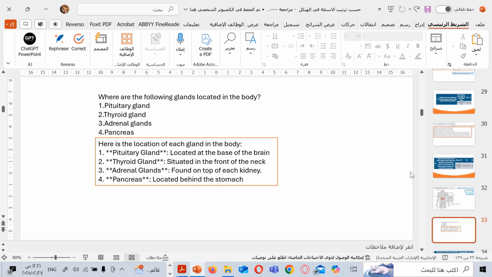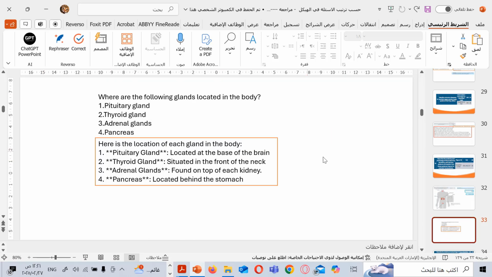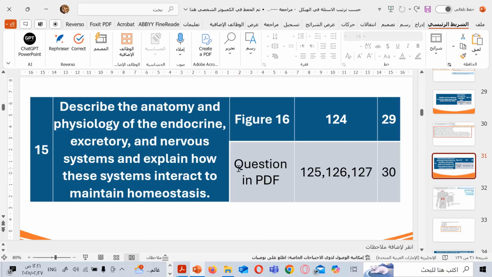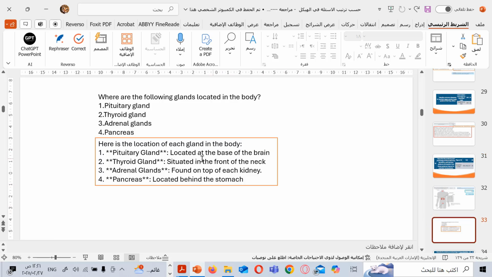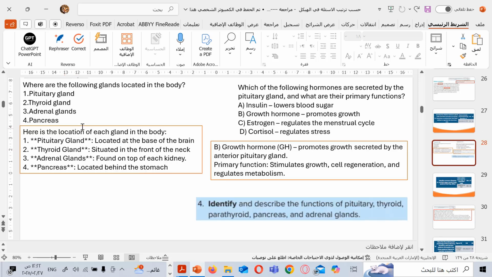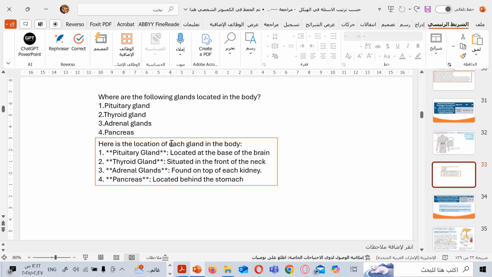As I advised before, any shape or any figure, you must study it well and everything about it. This question is in the PDF, and we saw this question before here, this one. And we return to put it again here.